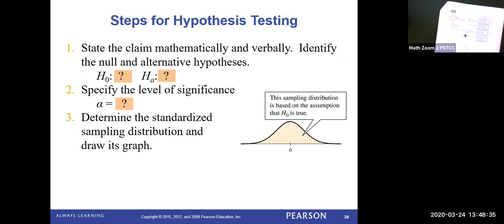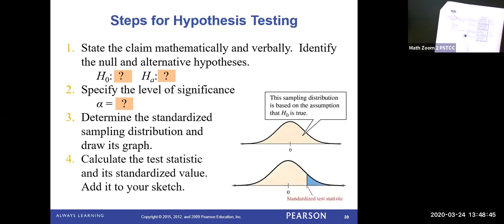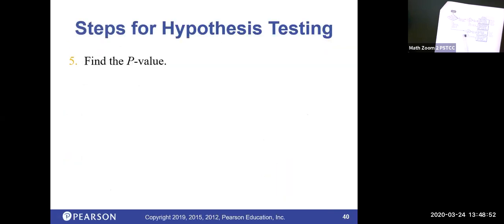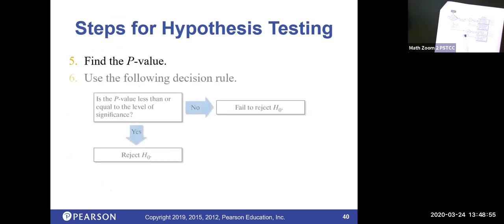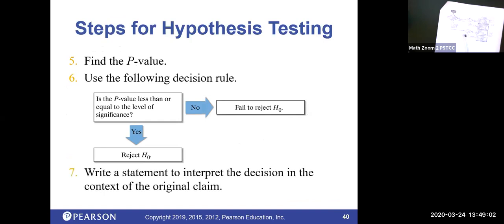This will depend on the parameter that we're using, whether it's mean, proportion, variance, or standard deviation. Based on the hypotheses, we'll sketch whether it's left-tailed, right-tailed, or two-tailed. We'll calculate the p-value, and then we'll decide whether to reject or fail to reject based on the significance level. From there, we will use the flowchart diagram to get the wording of the final conclusion.